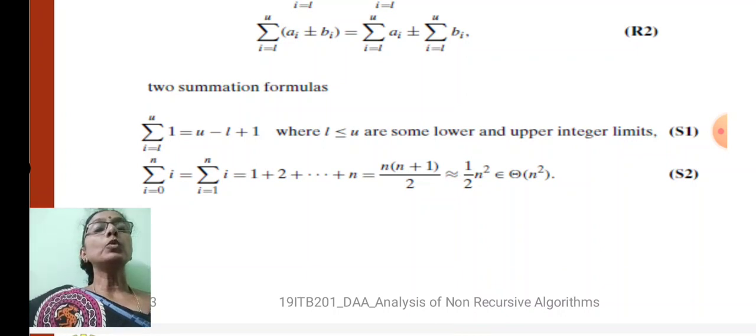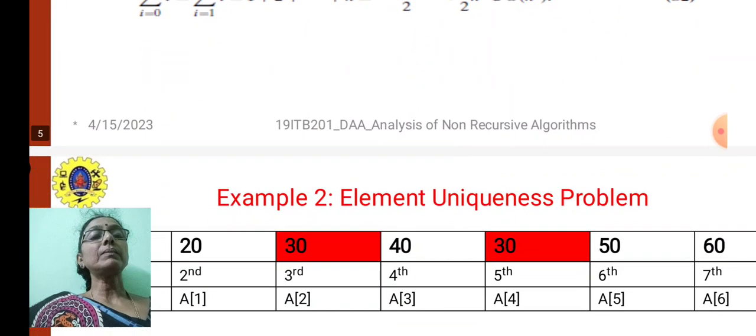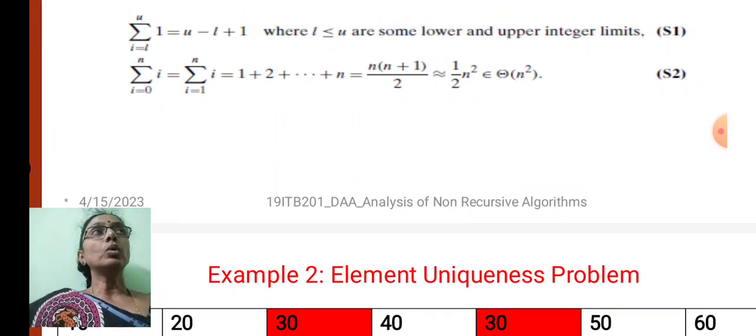These are the two summation formulas we can use in any non-recursive algorithm. Any non-recursive algorithm analysis lies between only these two formulas. This is how the analysis of an algorithm is executed.